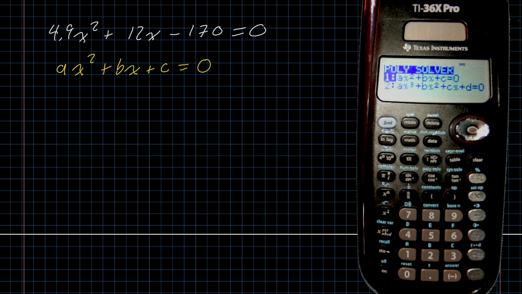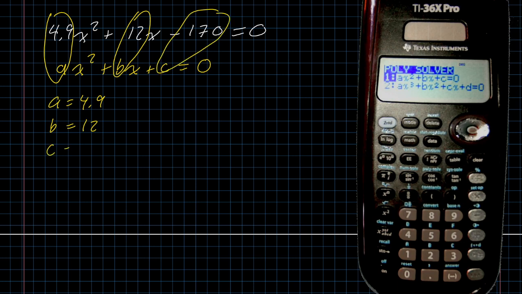And if we play a matching game, you should notice that the equation that I have here is this equation. A is 4.9. B is 12. And C is negative 170.